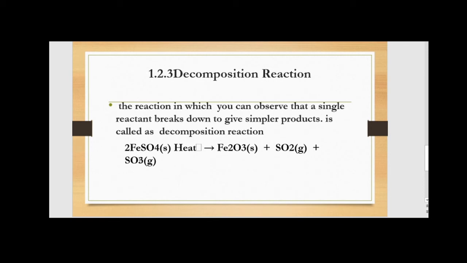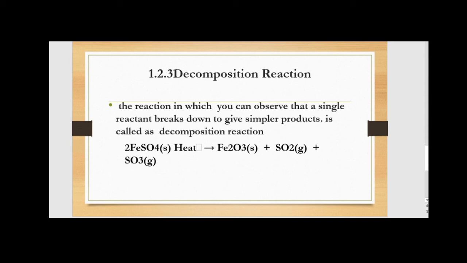You can see here as an example ferrous sulfate reacts with heat and after that it is going to form ferric oxide, sulfur dioxide and sulfur trioxide. So a single reactant is going to split into two or more molecules. That's why this type of reaction is called a decomposition reaction.